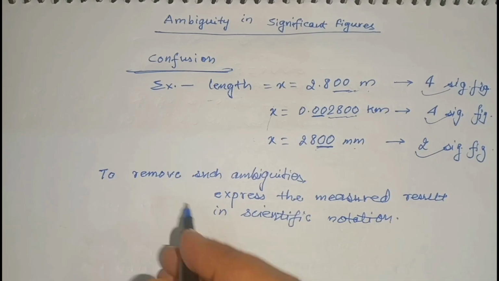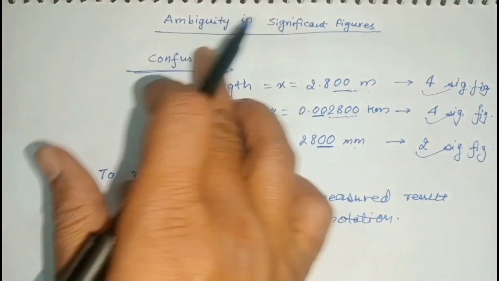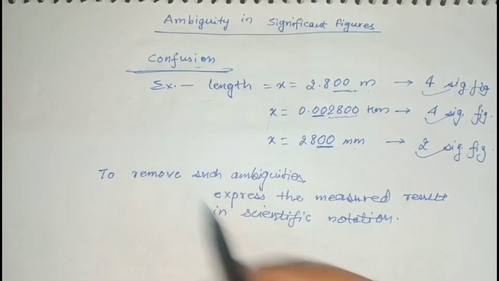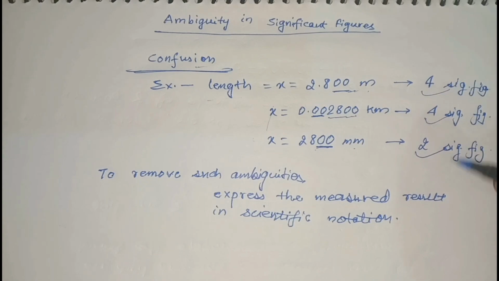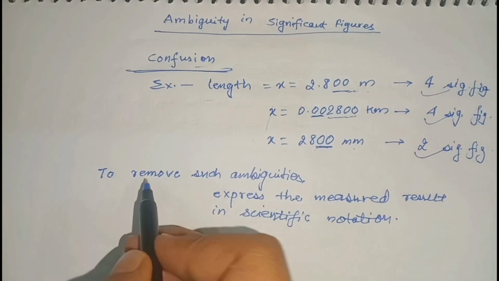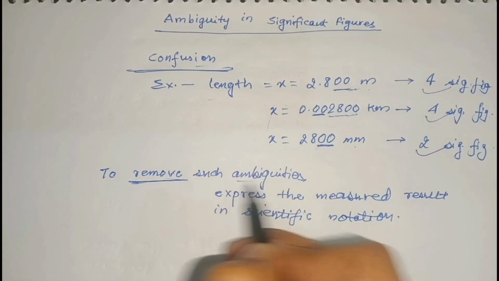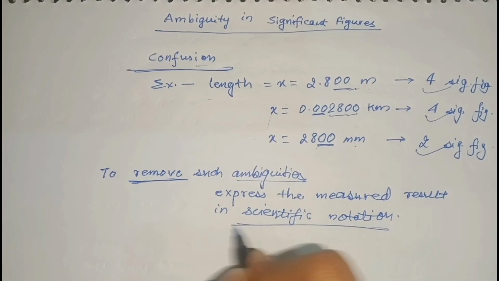So the ambiguity in significant figures is a confusion of what? The number of significant figures in different units comes out different. And to remove such ambiguities, what do we do? We use scientific notation.